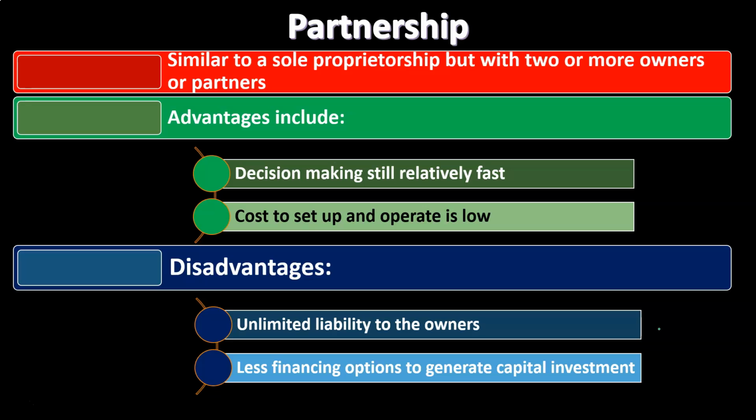Also note, you could have a limited partner. So you could set up a partnership where one partner is a limited partner. They're not a partner that's actively involved in the partnership, but they're involved simply for an investment in the partnership. That's a limited liability partner that you would have. They typically will have more liability protection, because they're not actively involved in the day-to-day operations of the business.